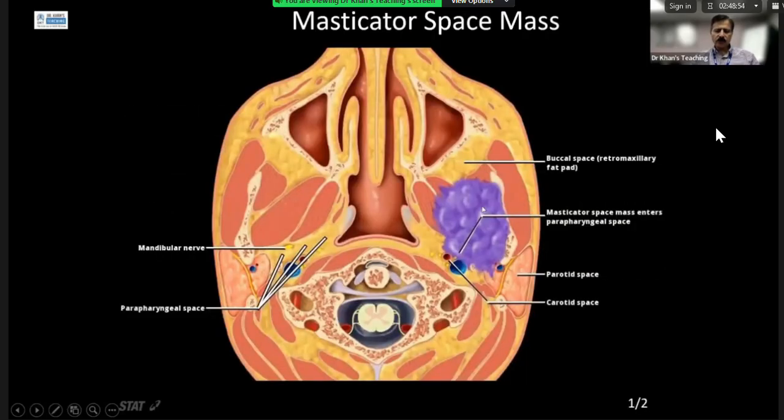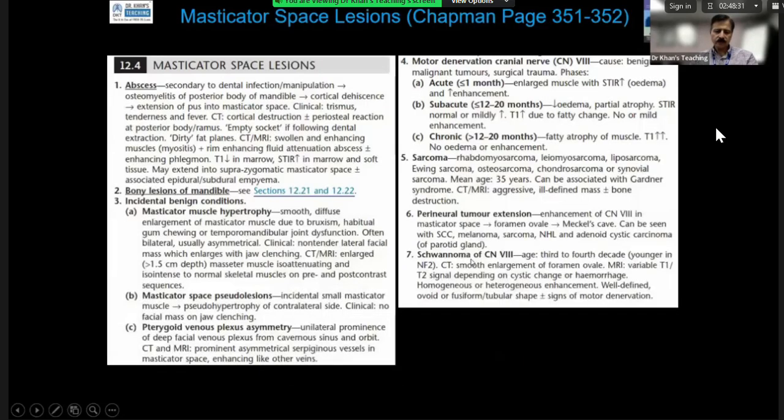So if there is a tumor in the masticator space, for example, or infection or whatever, it will sort of indent the parapharyngeal space, which is here, and the displacement of the fat of the parapharyngeal space is taken as a landmark. And we are going to learn this skill next time. So this is the differential diagnosis.